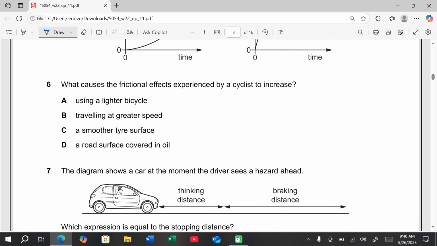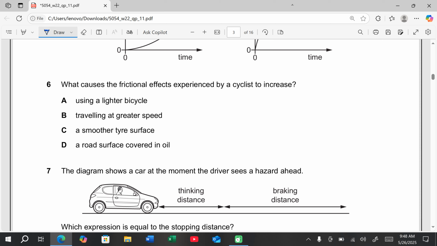What causes the frictional effect experienced by the cyclist to increase? Using a lighter bicycle? No. Traveling at a greater speed? Yes, that can be. Smoother tire surface, that should decrease.